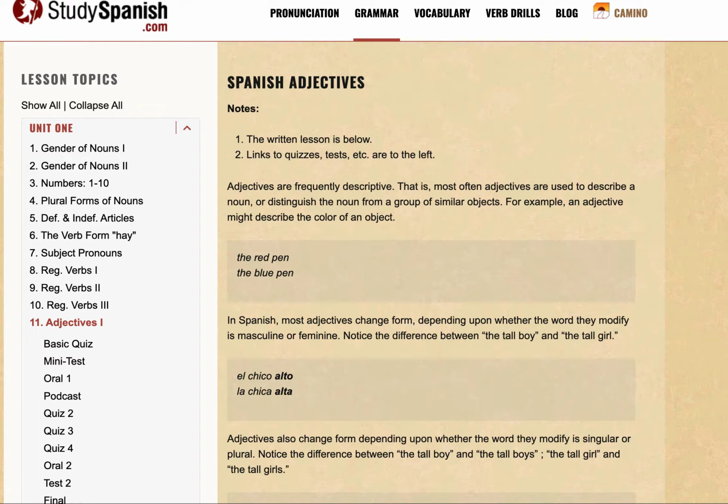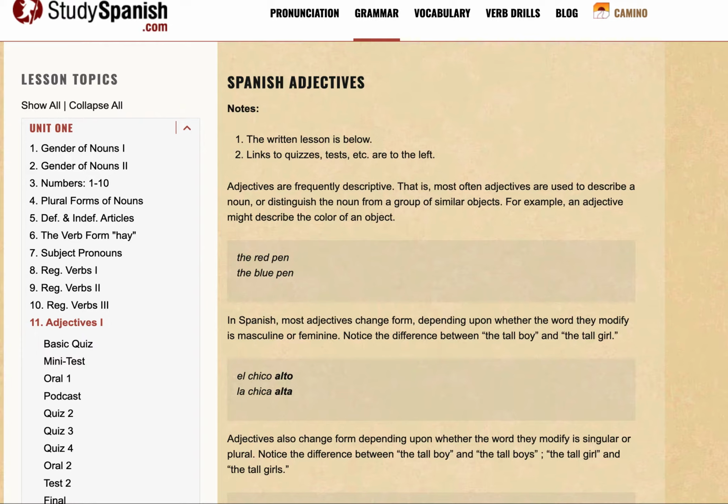And then we also saw that, in terms of commonalities, most Spanish adjectives end with "o", and based on that, those adjectives would have four different forms.